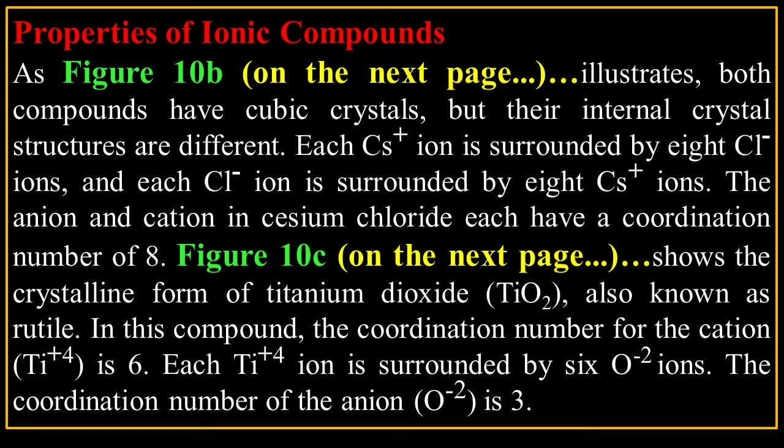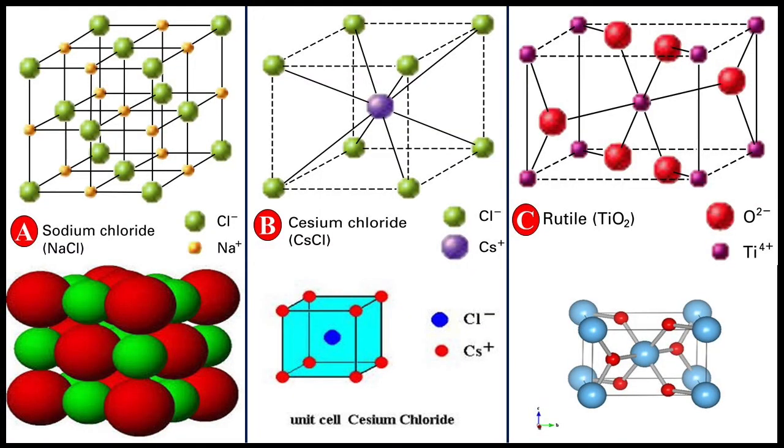In this compound, the coordination number for the cation, titanium 4+, is 6. Each Ti4+ ion is surrounded by 6 O2- ions. The coordination number of the anion, O2-, is 3.